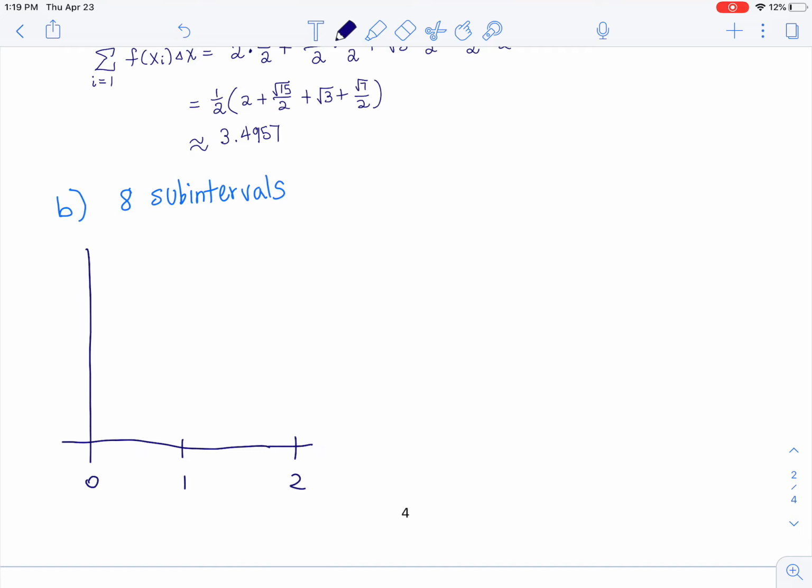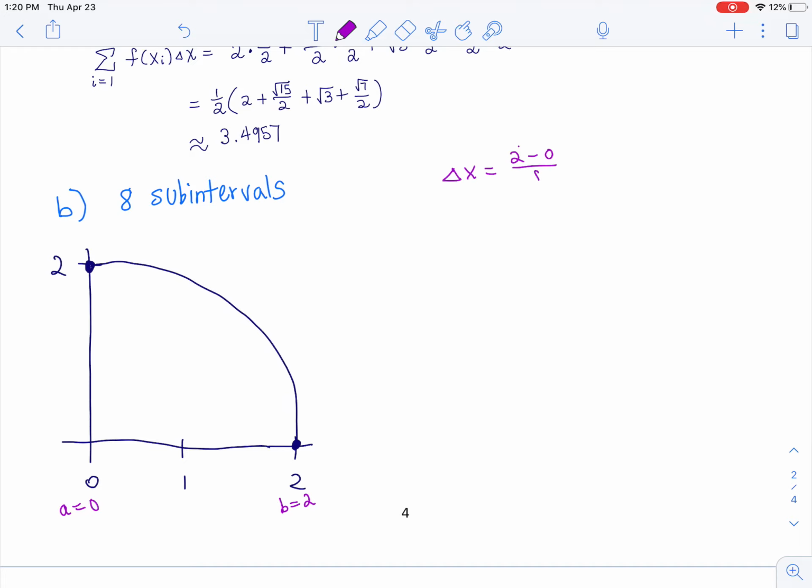Oh, no. All right, let me do that one now here. So I'm going to draw one more time our picture. It's going from 0, 1, and 2. I don't need 1 there, but I need to start from 0. So it's a quarter circle that looks like that, right? And what they want is 8 subintervals this time.